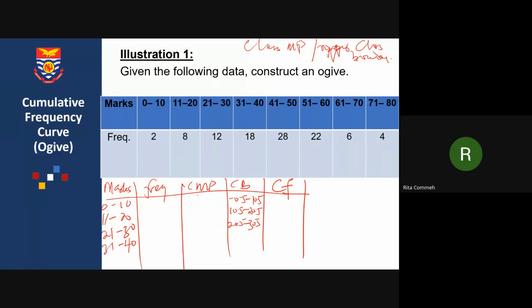Followed by 15.5. Next, 25.5. Okay, so I know you can complete it now.